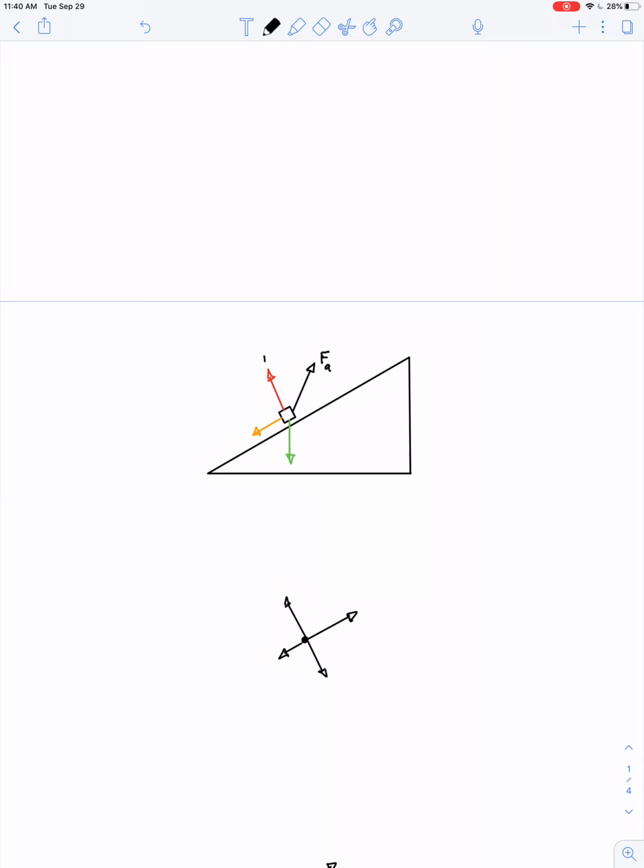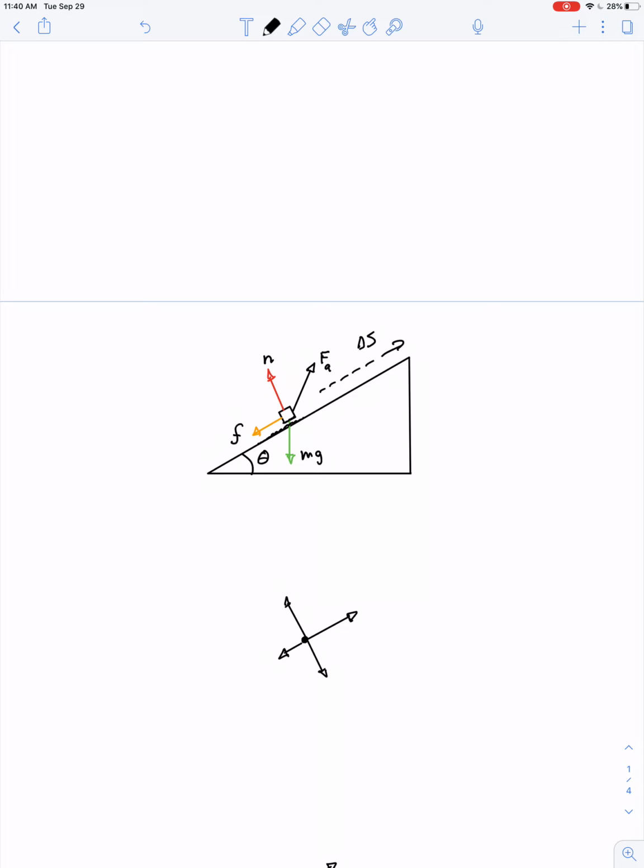The ramp pushes against the block. We call that normal force. Gravity, of course, pulls straight down. And if the ramp and the block have any roughness between them, there will be a frictional force opposite the motion. So in this case, we're assuming that the block has motion toward the top of the incline and therefore displaces some distance upward. We can say the incline is at an angle theta.